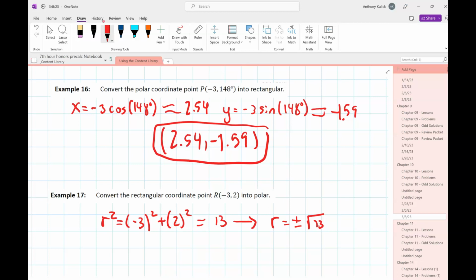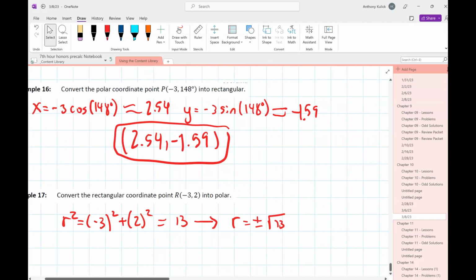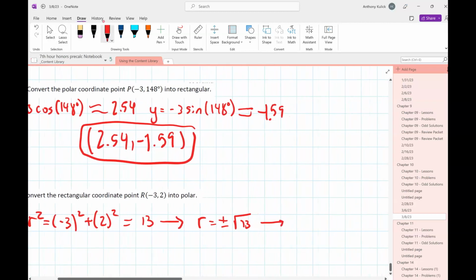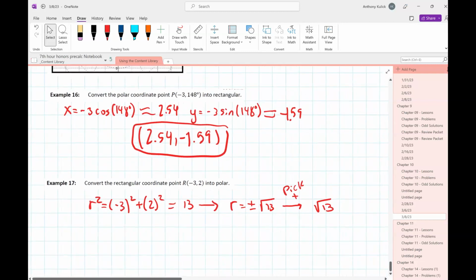Does it matter first? Not really, right? You can write the correct answer using either one. But which one are we going to choose? Plus. Yeah. Always pick the positive. It just makes life easier to do that, because then you don't have to worry about doing the flip for the angle or whatever. It just makes it easier.